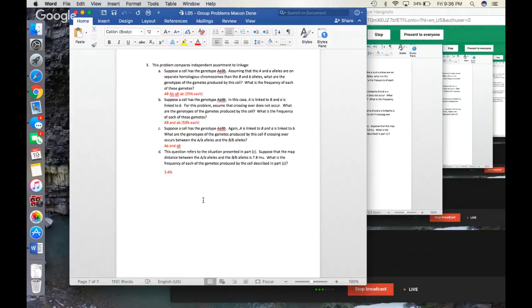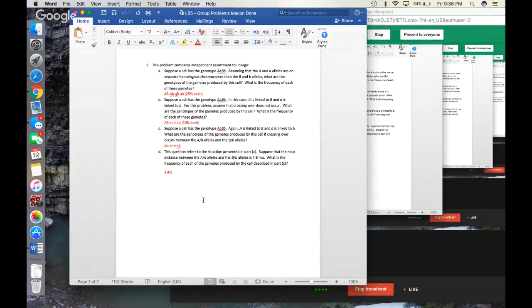And then for B, when the capital A and capital B genes are linked, and the lowercase a and lowercase b genes are linked, we're going to get a 50% frequency for the capital A, capital B, and a 50% frequency for lowercase a, lowercase b. And then those other genotypes that we mentioned in A are just going to be at 0%.